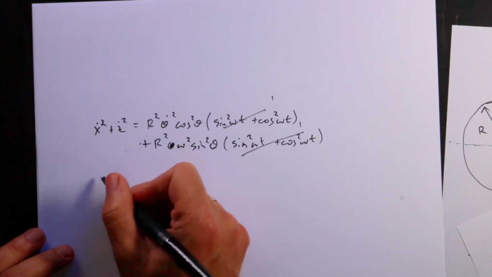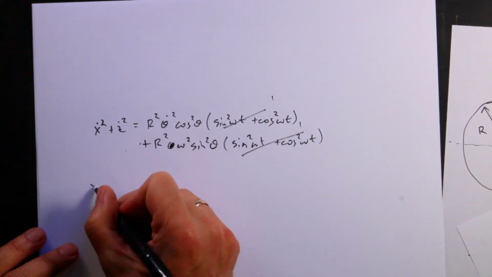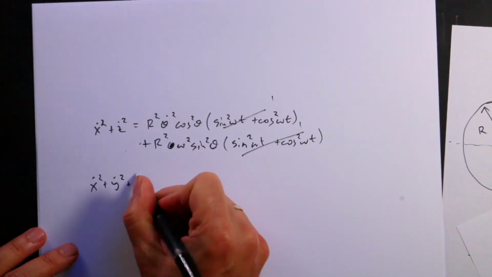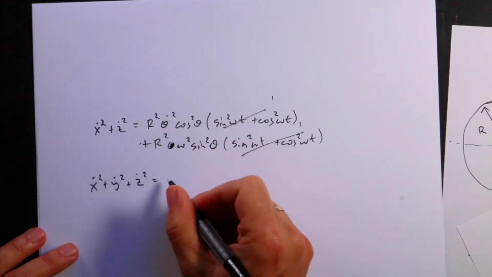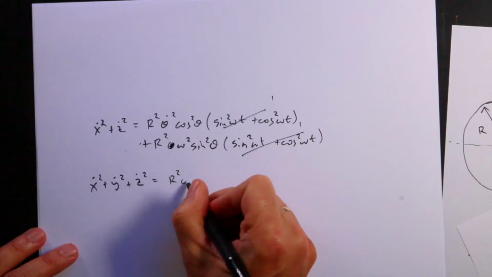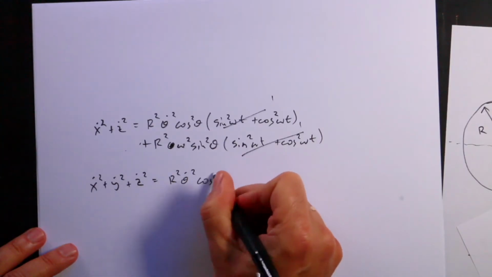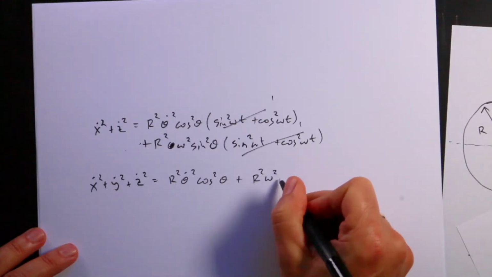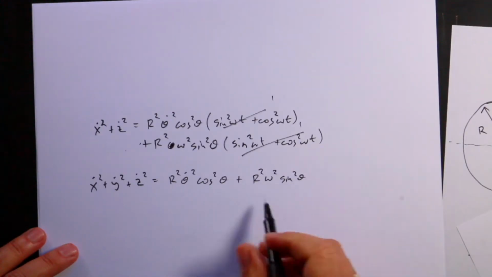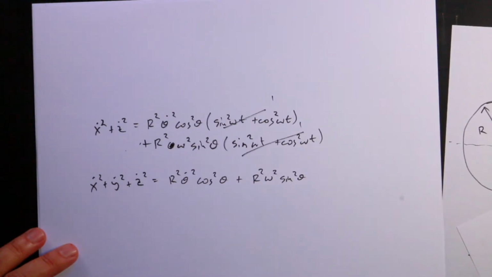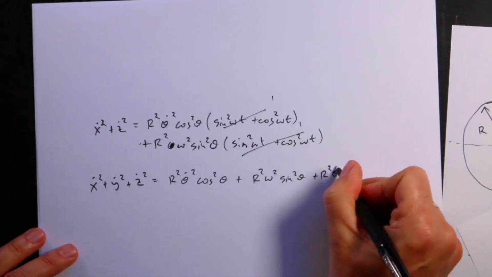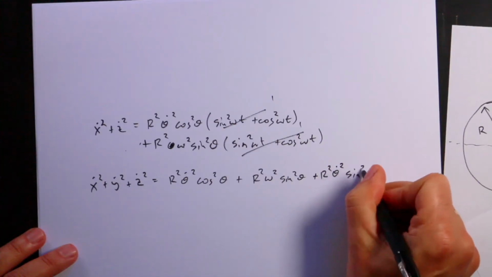I'm going to add in the y. So I have x dot squared plus y dot squared plus z dot squared. It's going to be equal to this term. r squared theta dot squared cosine squared theta plus r squared omega squared sine squared theta. And then I have the y dot. It's going to be plus r squared theta dot squared sine squared theta.